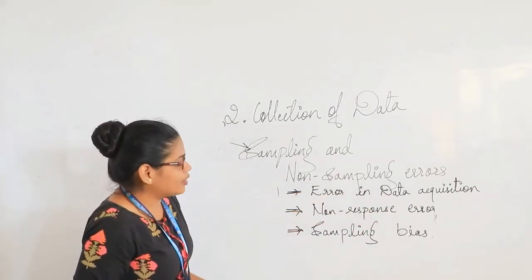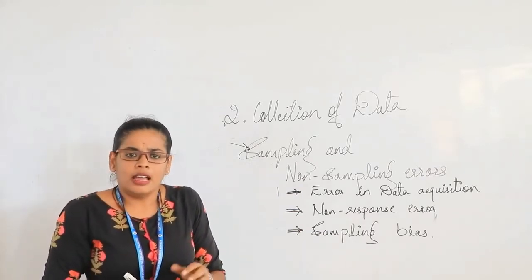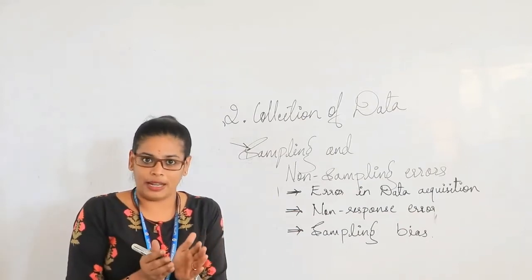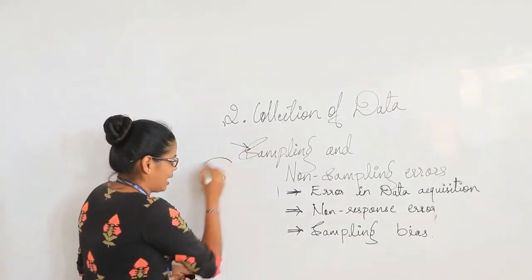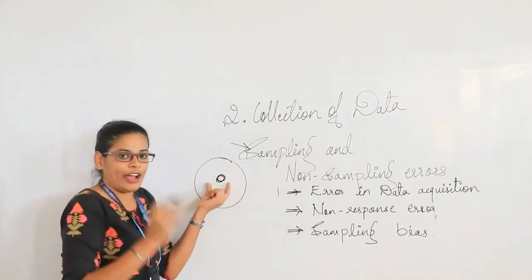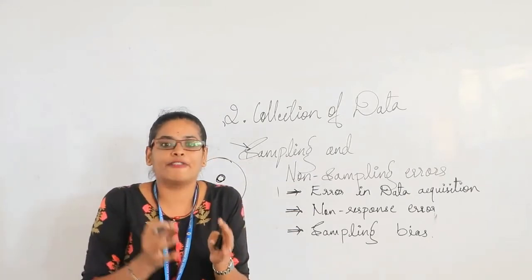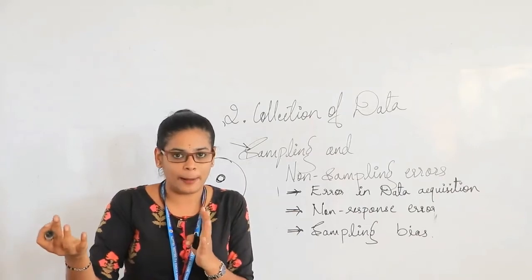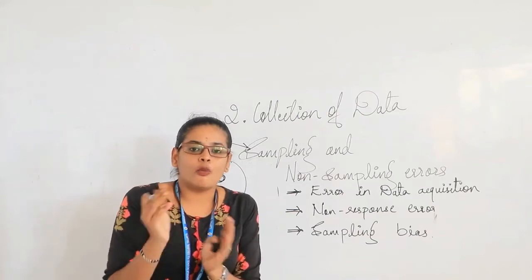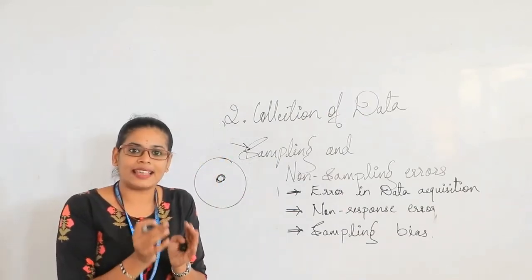Next, when we are talking about the non-response error, what is this non-response error? You have considered a sample from the population, right? So this is your sample out of this population. And when you have finalized that this sample may contain 5 people or 10 persons, out of these 10 people, if one doesn't respond, then what happens? Your sample is incomplete there.